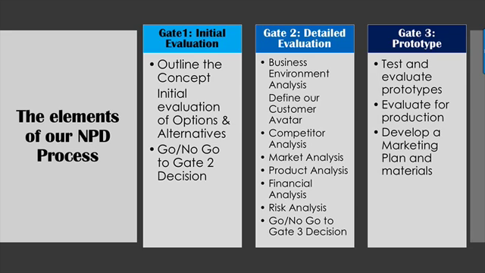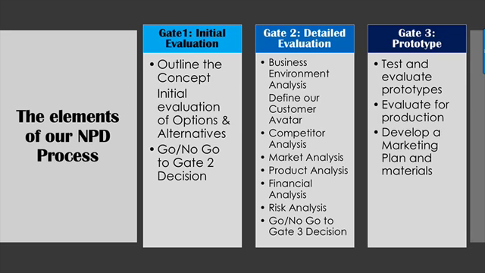The three gates we'll look at are, Gate 1, which is the initial evaluation. We do an initial concept outline, we evaluate some options and alternatives, and then make a decision on that using our go/no-go decision matrix. Once you've decided to sign off and invest the money, the time and the energy to go to the next point, we then go into Gate 2.